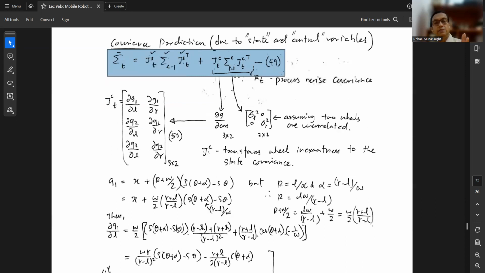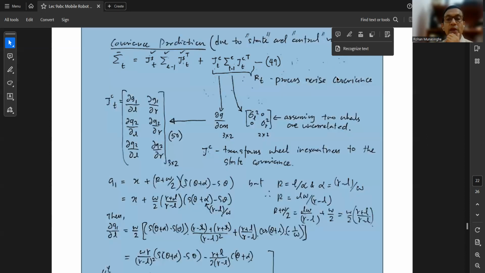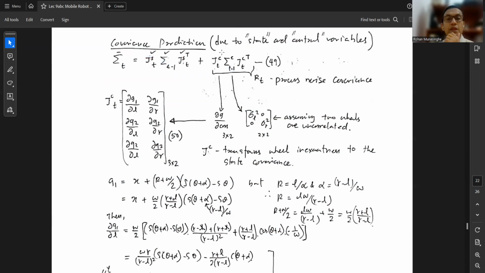Now, when you write the control Jacobian, it is JC over here, but it comes in this format with the control covariance right in the middle.